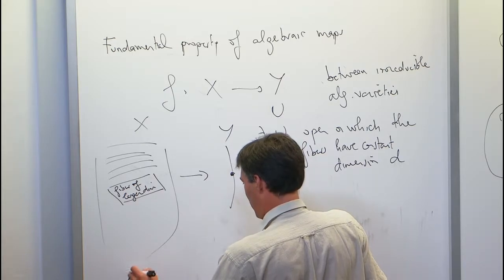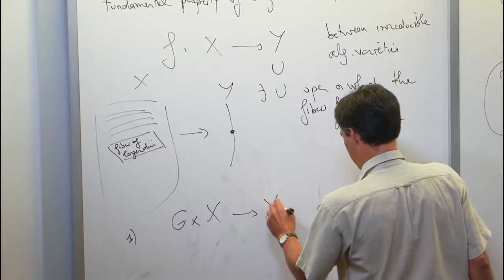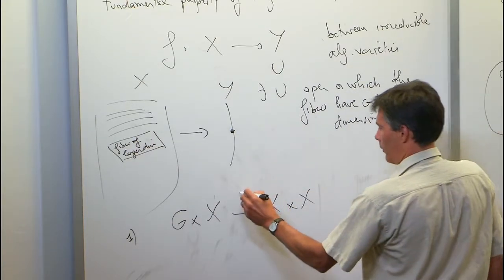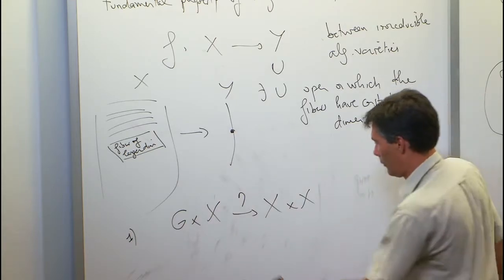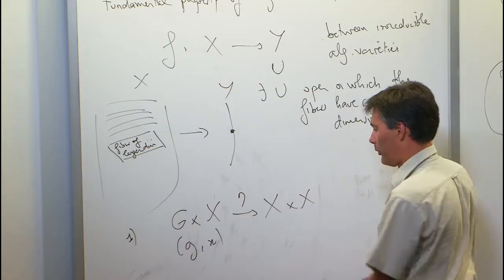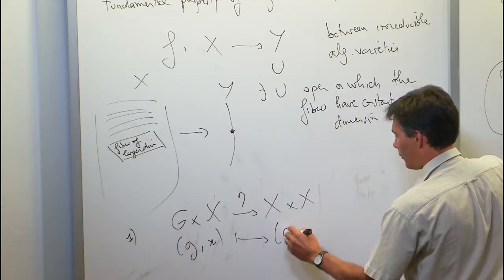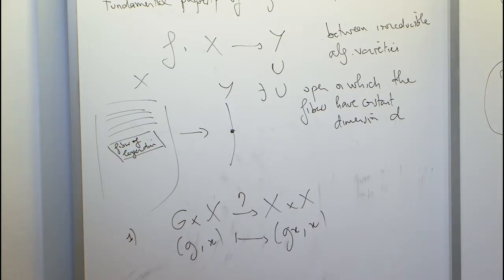The first statement is, apply this to the action. Suppose that you have this group acting on X, and so you have the map. You take an element of the group, an element in the variety, you map it to gx. But this is an algebraic map.